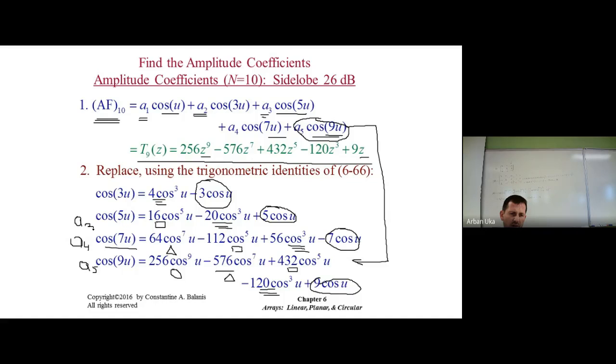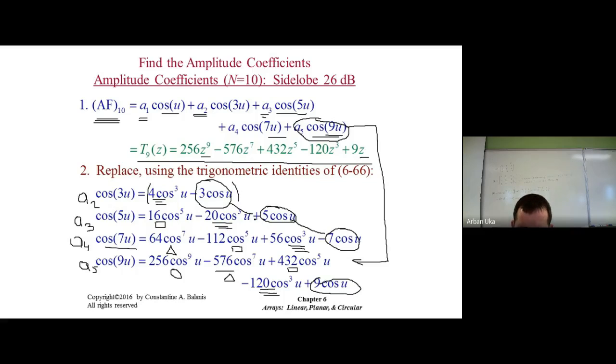So in the end, well, let's do this one. We're almost there. Cosine 3U is equal to A2, so let's multiply it by A2. And we need to multiply by A2 also on the other side of these expressions. Then we are going to notice that we have minus A2, minus 3A2 plus 5 cosine U minus 7A4 cosine U again, and so on.